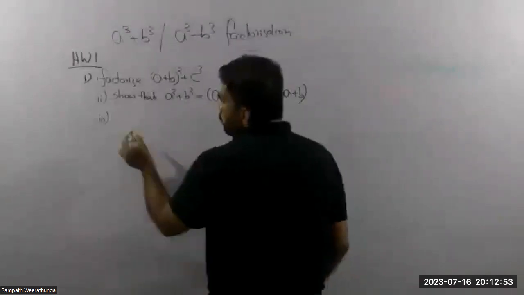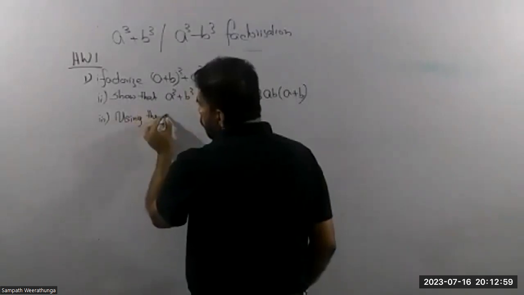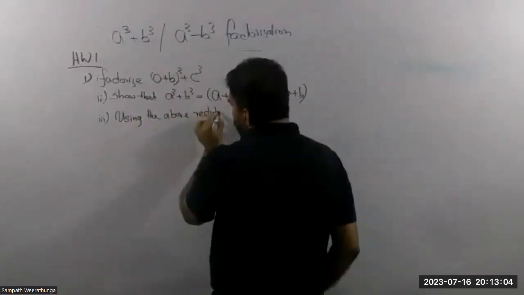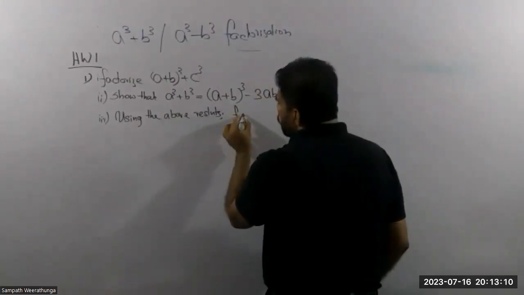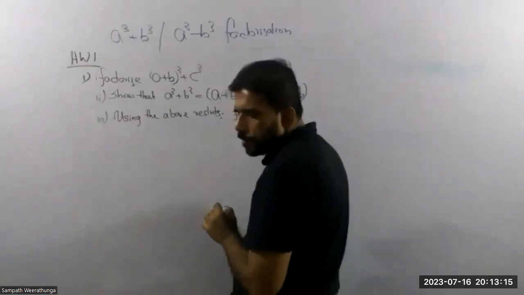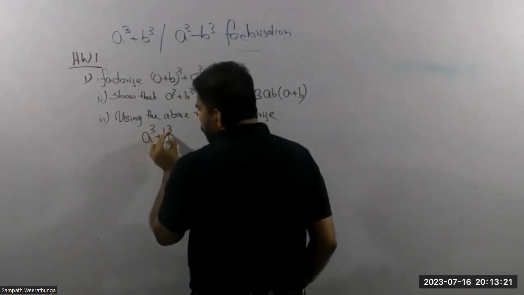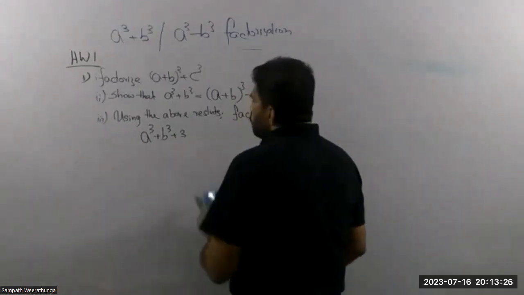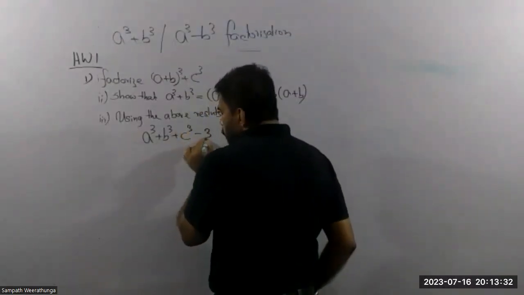Using the above results, factorize this: a cube plus b cube plus c cube minus 3abc.